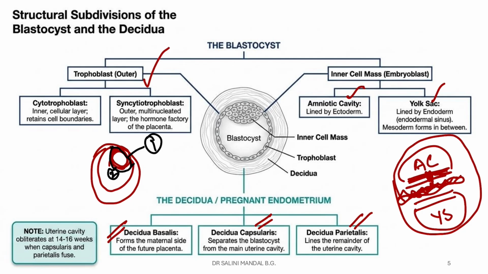This is the one which is going to separate the blastocyst from the other cavity. So that is known as the decidua capsularis. And number 3, the rest of the part, is known as the decidua parietalis. Hope this is clear. Once again, decidua basalis is the one which is on the maternal side. Correct? Decidua capsularis is the one which separates the blastocyst from the other part of the uterine cavity, and the one which lines the other part of the uterine cavity is known as the decidua parietalis. Okay, so this is it.